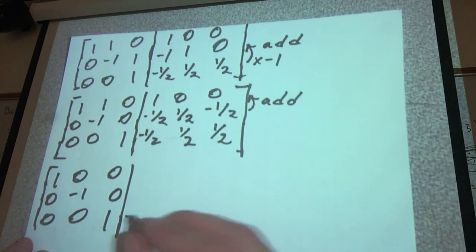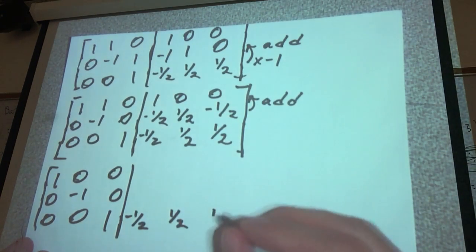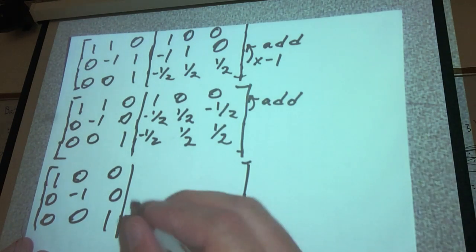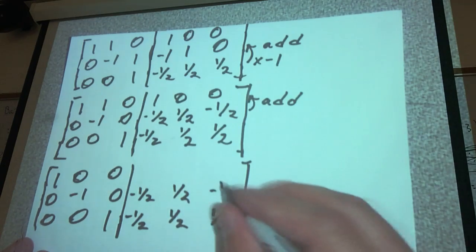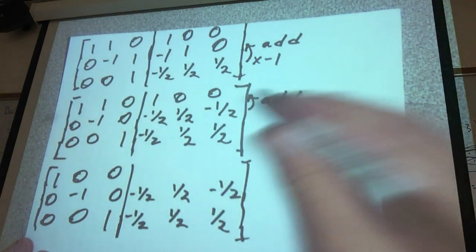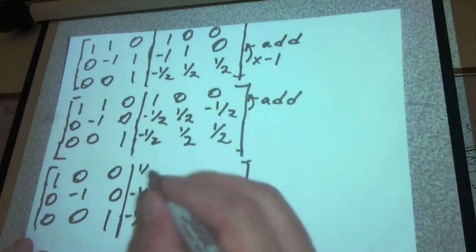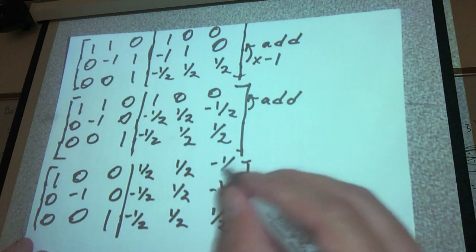And so the bottom is not going to change. The middle's not going to change. But this is. And so -1/2 plus 1, that's a positive 1/2. It's a positive 1/2. And that's a -1/2.